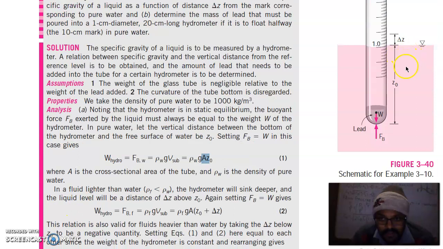So if the liquid has lesser density than water, the liquid level will go beyond this point, up to this position or it may be higher.